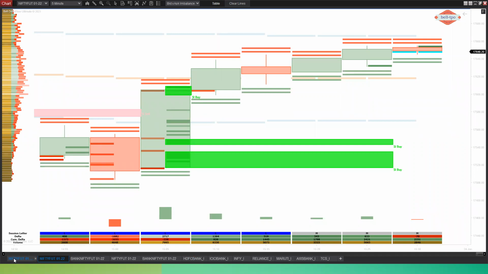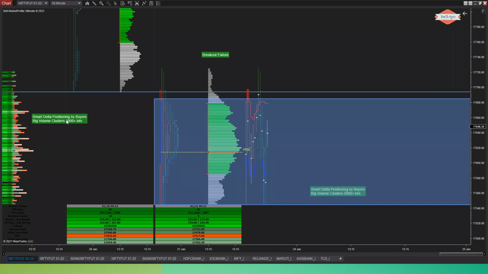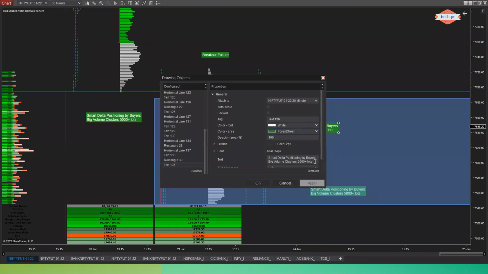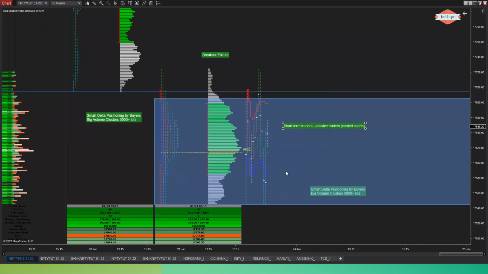So we can say that though there is smart delta positioning, short-term traders, who are mostly passive traders or market makers, wholesale traders, they have various meanings, carried forward shorts for the weekend. That's what we are able to grab from the cumulative delta in the order flow here.